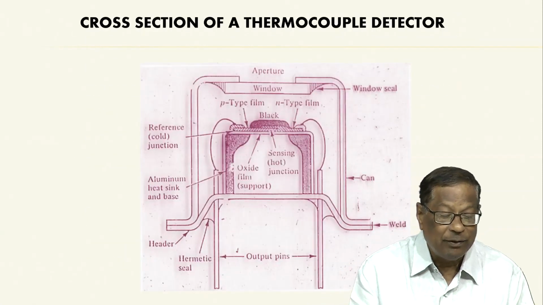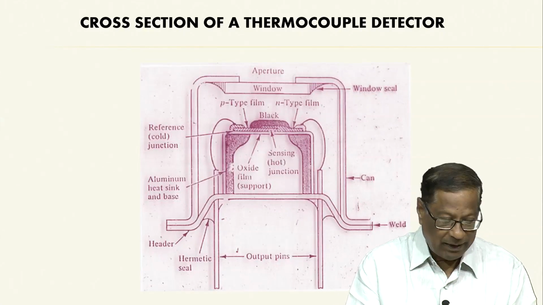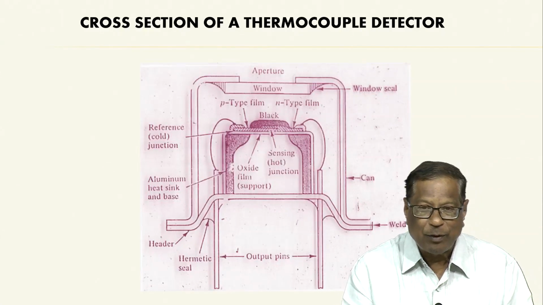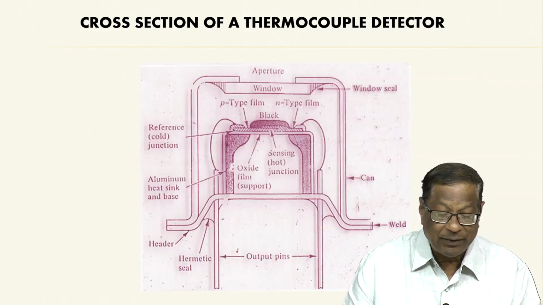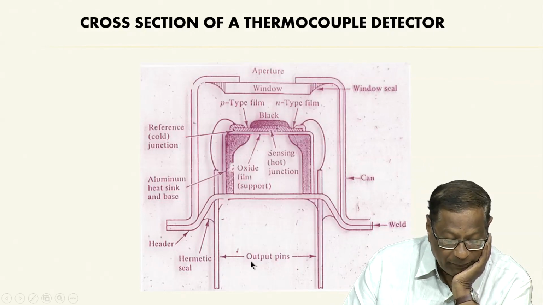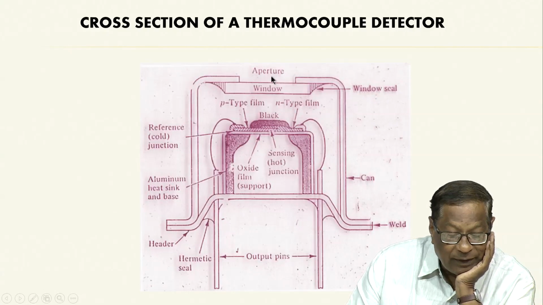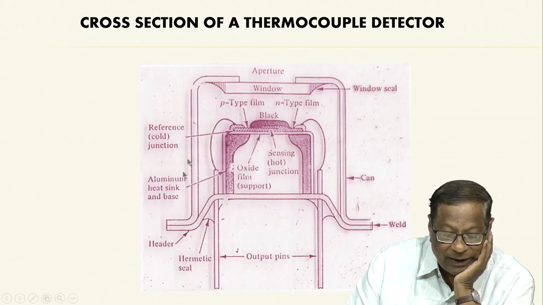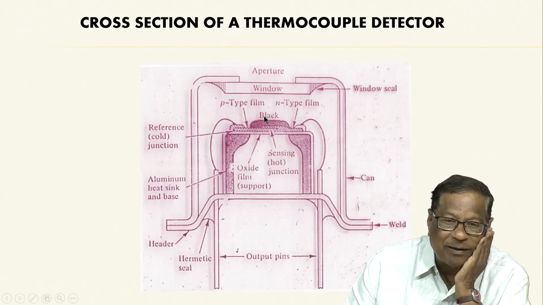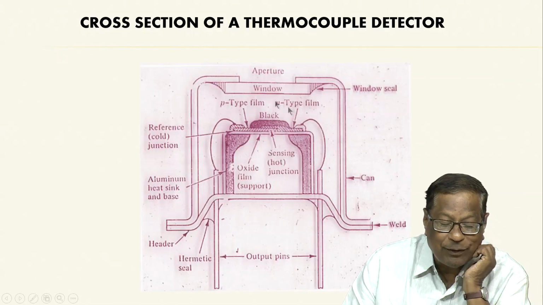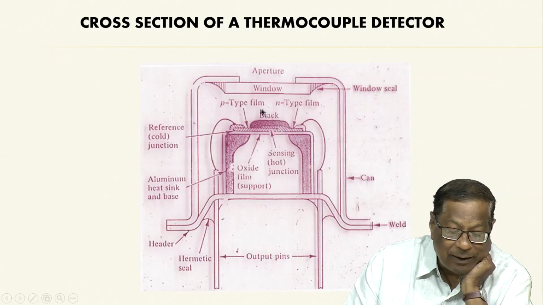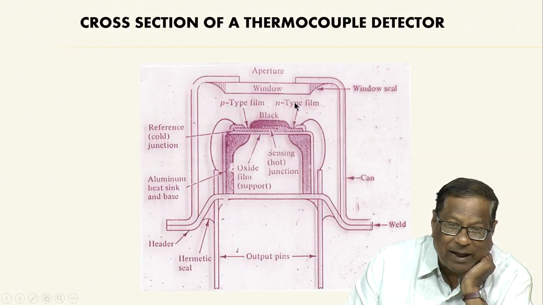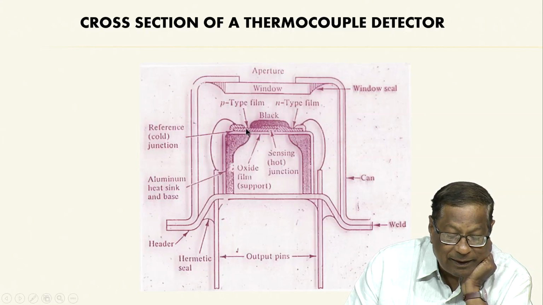Okay. Now, here I am showing you the cross section of a thermocouple detector. You can see the whole size of this detector is about 5 centimeters. Such two detectors are used, and it uses a P type film and N type film. Here the film is exposed in this area.